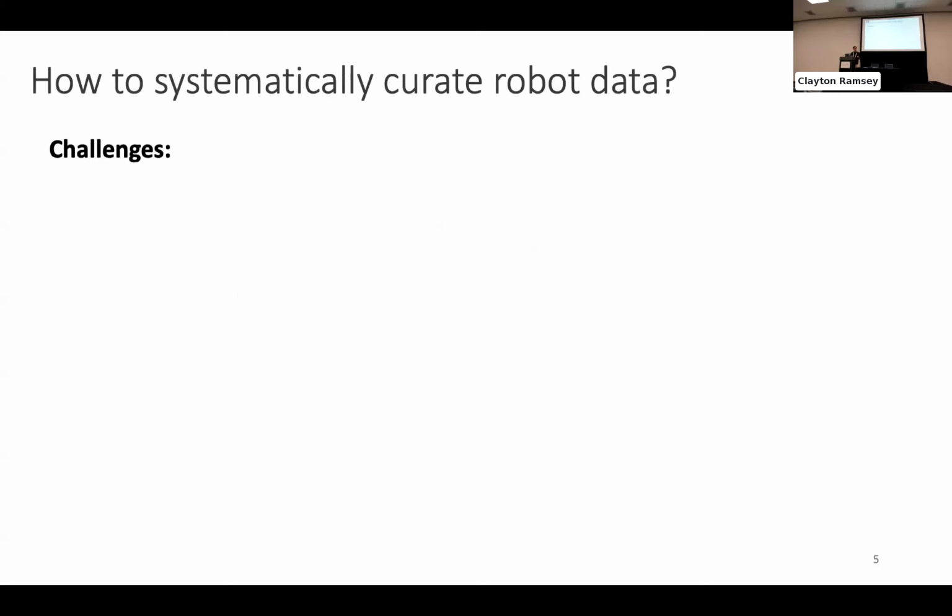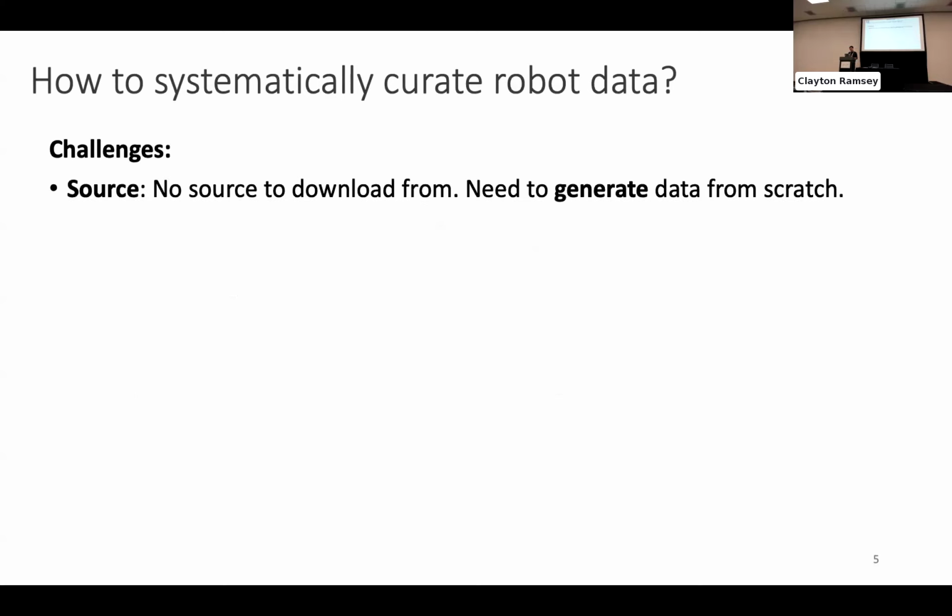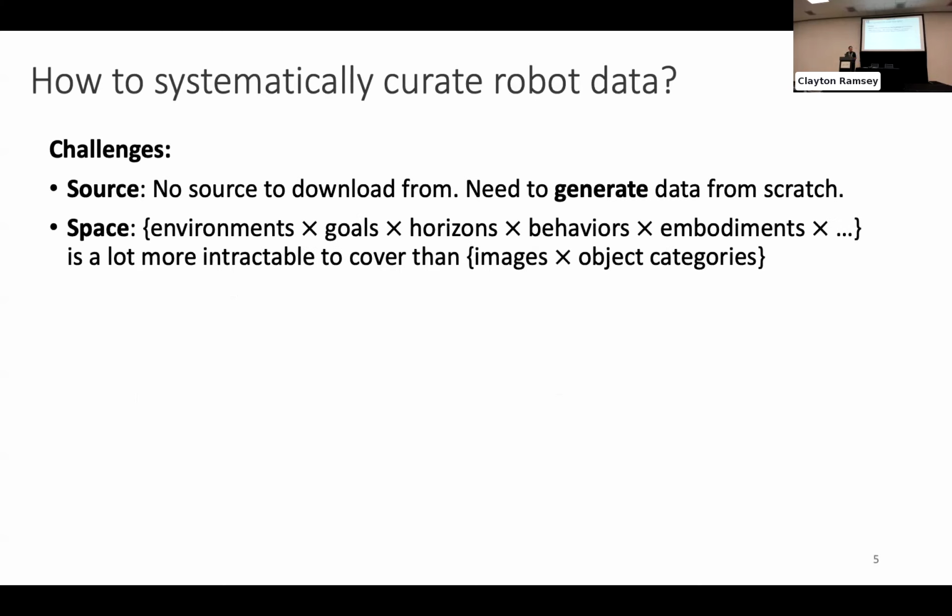To unpack this challenge a little bit, we're facing at least 3 major challenges to achieve coverage. First, like I mentioned, there's no robotics internet to download. We need to generate data from scratch, either by collecting in the real world or generating in simulation. Second, the data space itself, with environments, goals, task horizons, behaviors, and robot configurations, is far less tractable than, say, image to object categories or image to text.